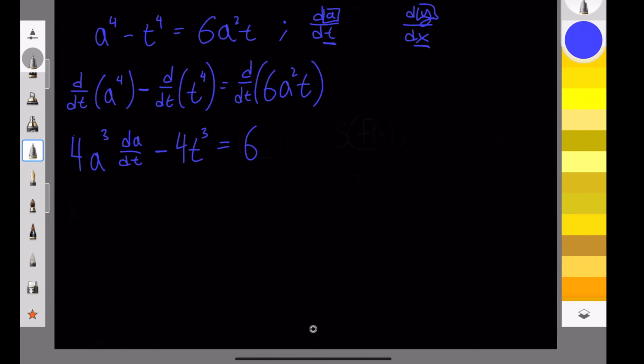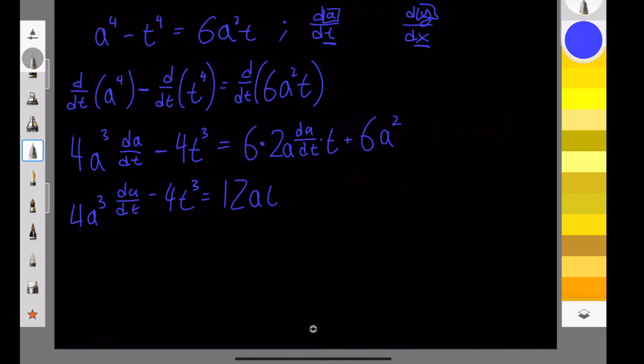Okay, 6 times 2a dA dt times t plus 6 times a squared. All right. And now let's just simplify this all a little bit more. 4a cubed dA dt minus 4t cubed equals 12at dA dt plus 6a squared.